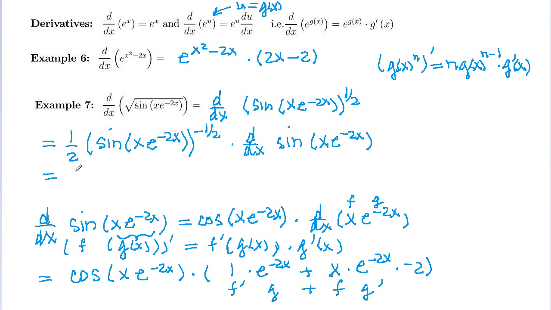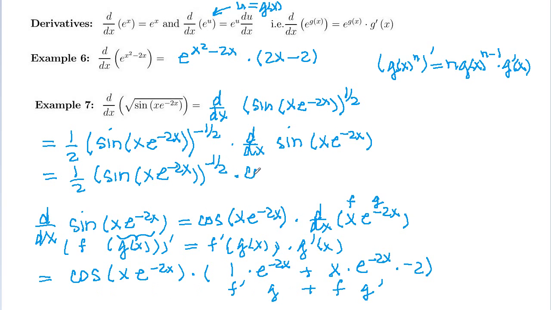So next step, we've got that 1/2 sine of x e to the negative 2x to the negative 1/2 power, and then times this down here.